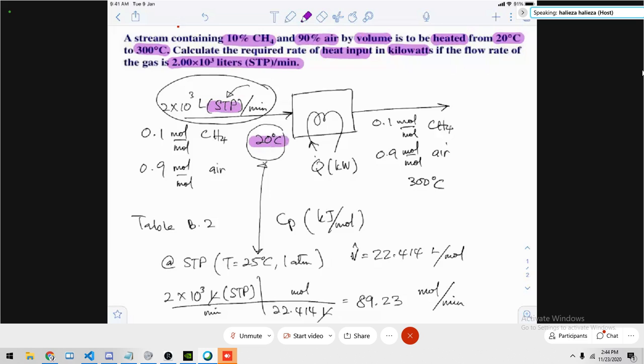It is only referring to that molar flow rate at standard temperature pressure. But the actual stream is at 20 degrees C. It's not at standard temperature pressure. But the molar flow rate is at standard temperature pressure. That's what it means. Okay?